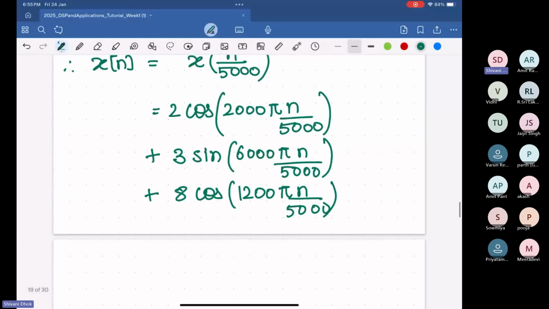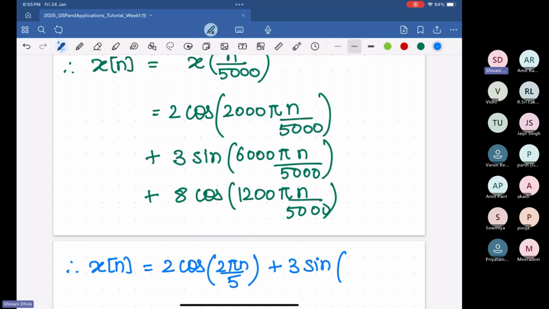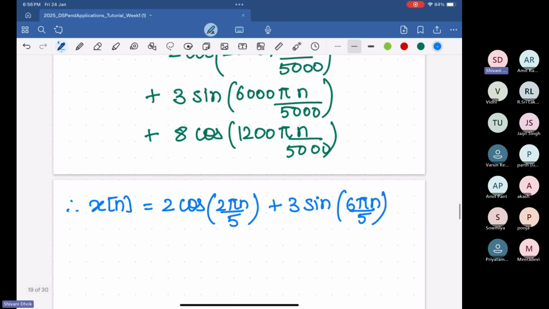Now if we simplify this, x of n is equal to 2 times cos of 2 pi n by 5 plus 3 times sine of 6 pi n by 5 plus 8 times cos of 12 pi n by 50.